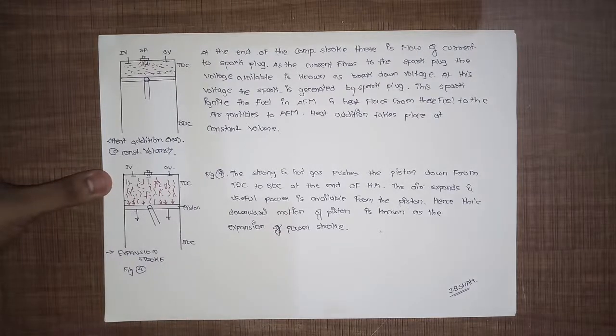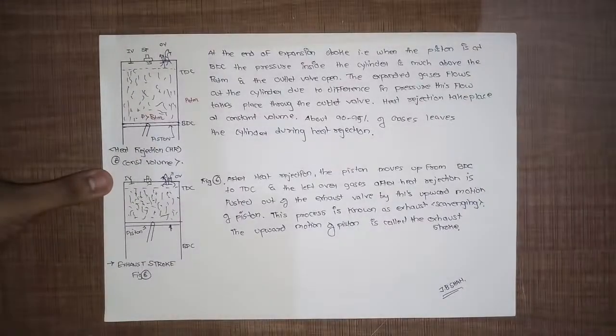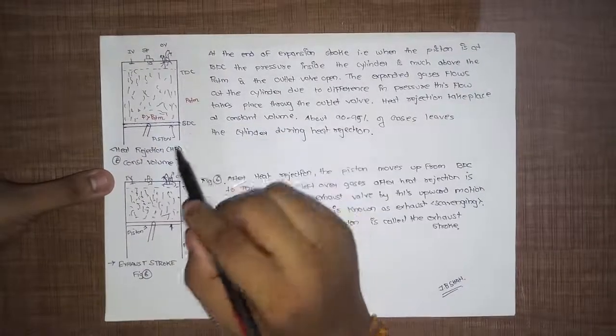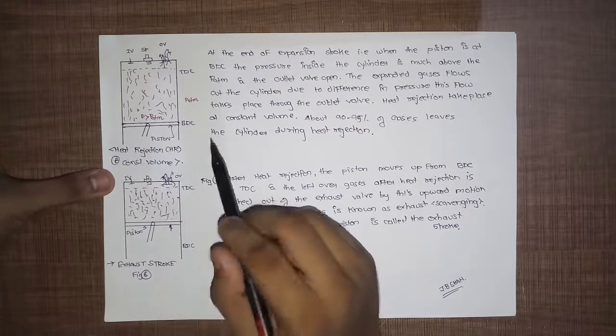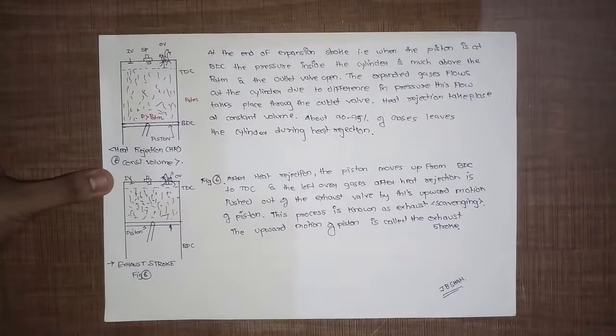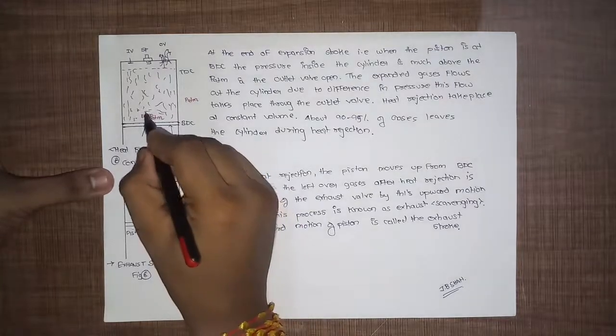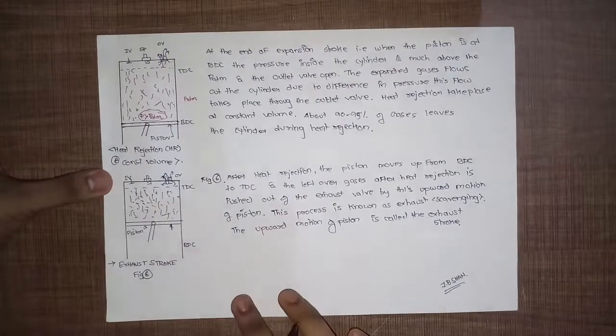Okay, now the piston is at bottom dead center at the end of the power stroke, at the end of the expansion stroke. The pressure inside the engine cylinder will be more than the atmospheric pressure.